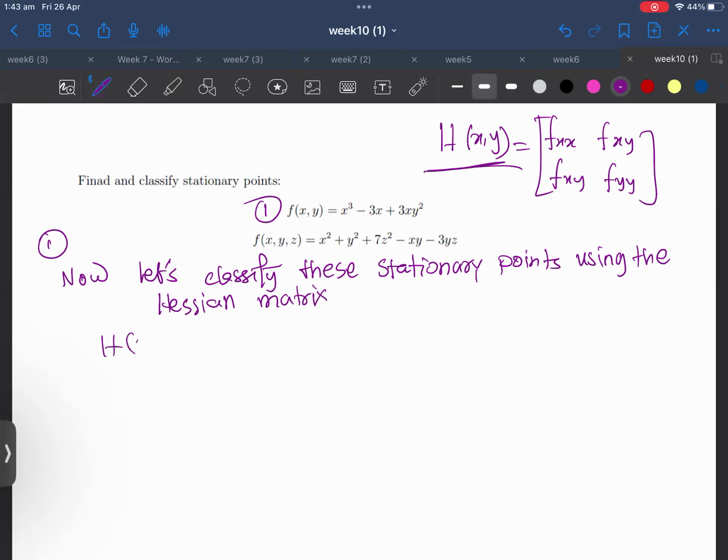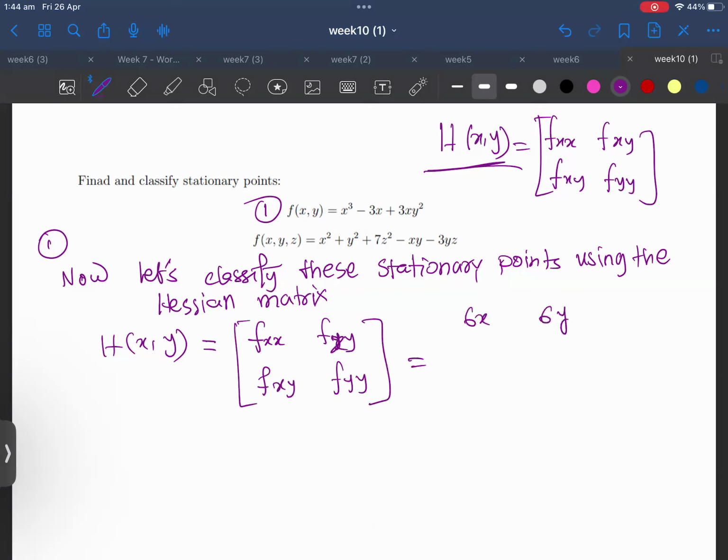So this is x y, this is x y, this is y y. So you have 6x, 6y, 6y, and 6x.